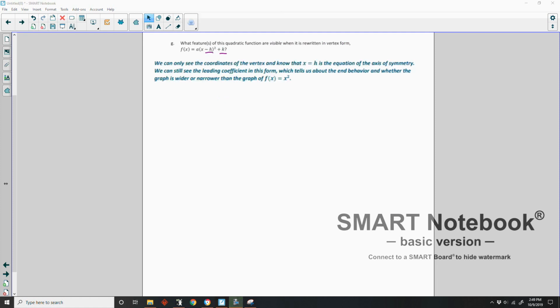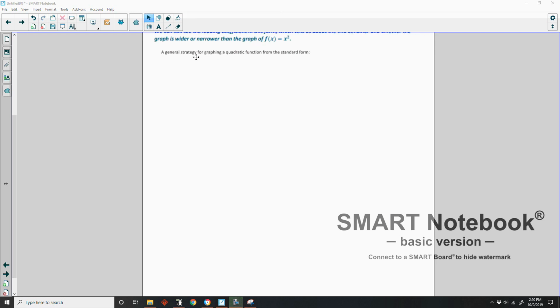So let me just bring that in. So x equals h is the axis of symmetry, the vertical line that it reflects across. We can still see the leading coefficient in this form, which tells us about the end behavior and whether the graph is wider or narrower than the graph of f of x equals x squared as well.